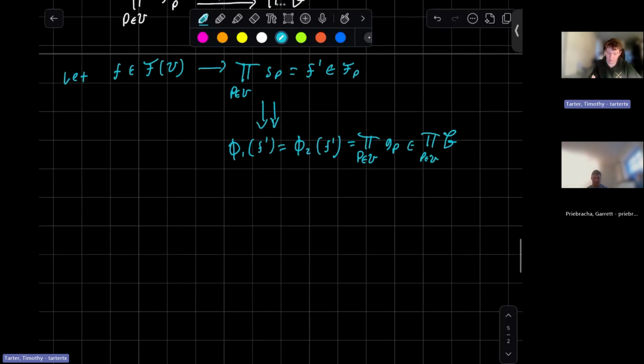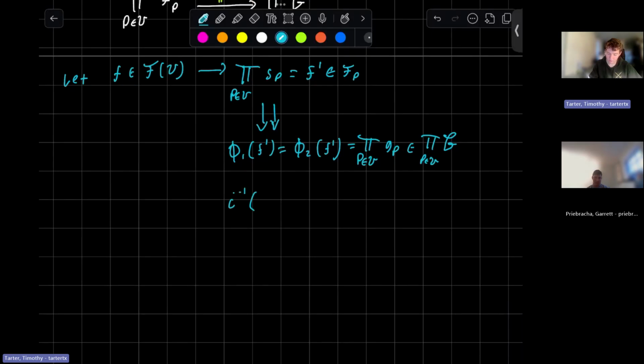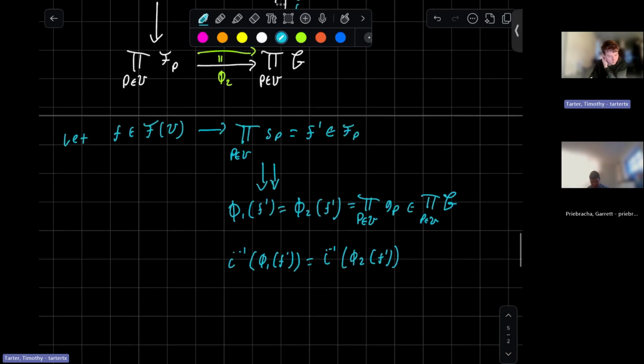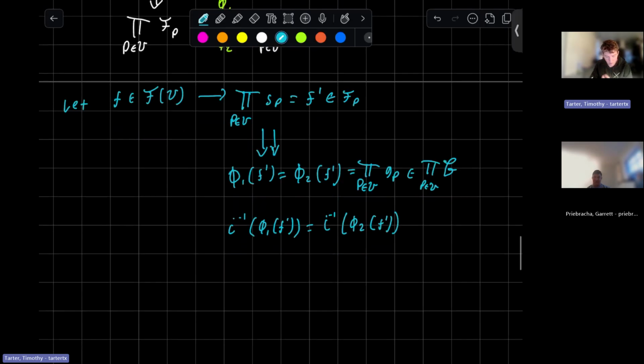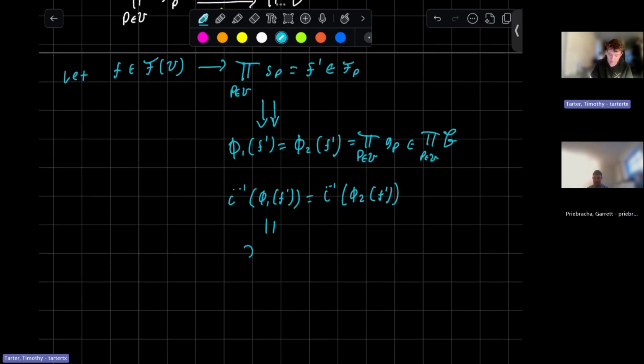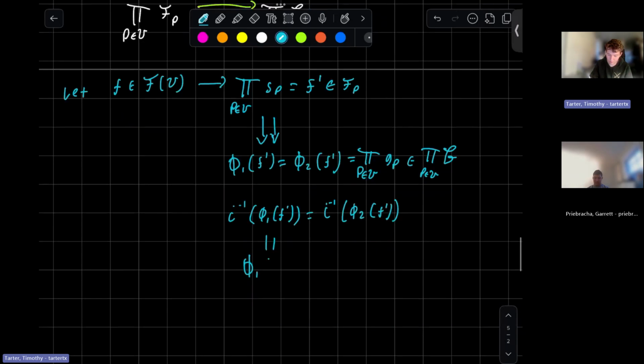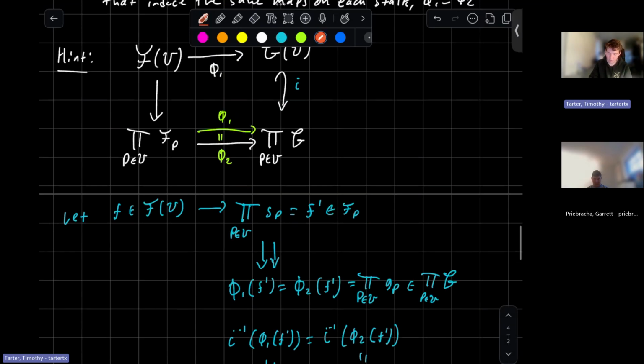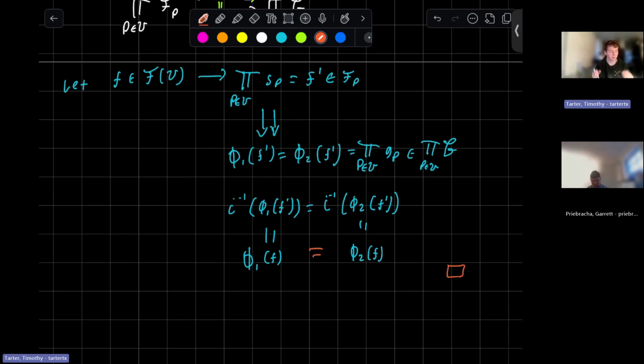Let's call it I. So then I inverse of phi 1 of F prime is equal to I inverse of phi 2 of F prime, equal to phi 1 of F is equal to phi 2 of F. And there we go. That's the proof. Diagram chasing. Gotta love it.